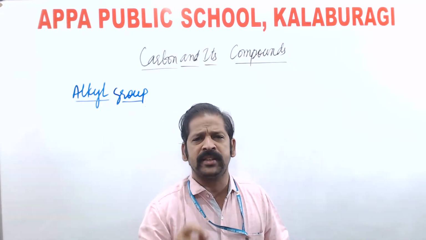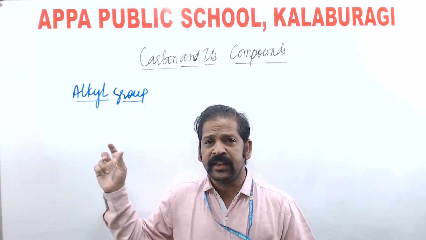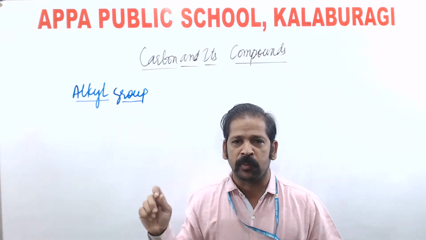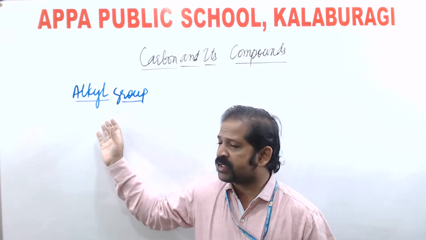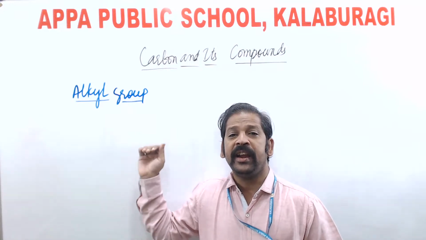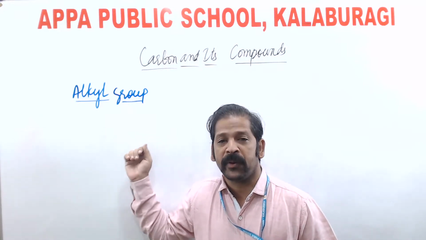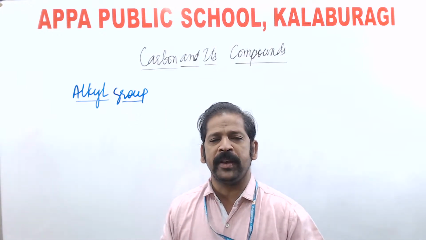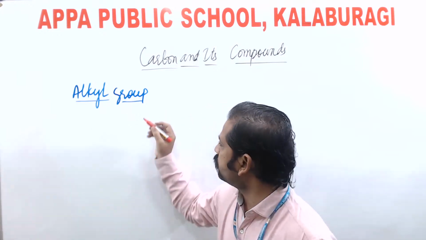A minute difference is there. Alkane is a full compound, alkyl is a functional group. It also acts as a functional group and it is used as a prefix. Alkyl group is used as a prefix.